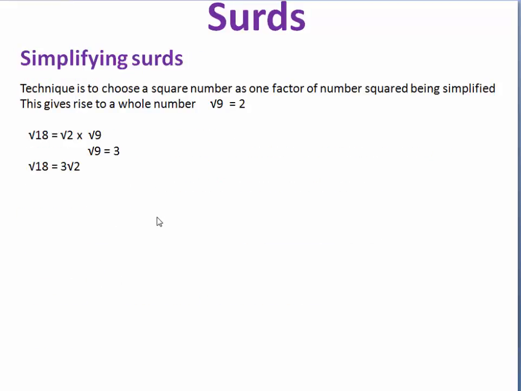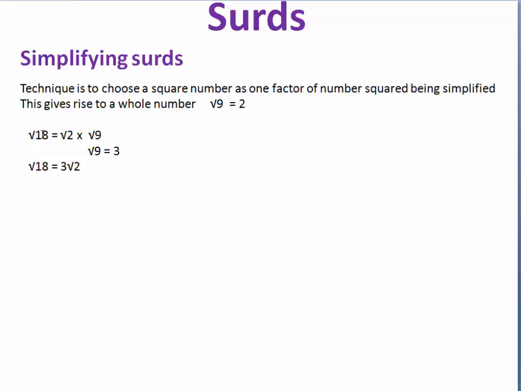So when we're simplifying surds, the technique is to find two numbers that multiply together to give us the number underneath the square root. And if one of the numbers is a square number, then we can simplify that further and rewrite it as the whole number multiplied by the square root of the smaller number, so it's simplified.